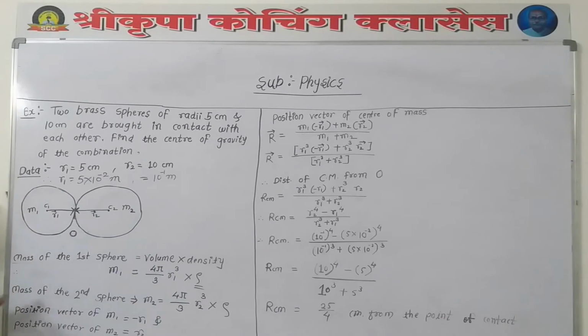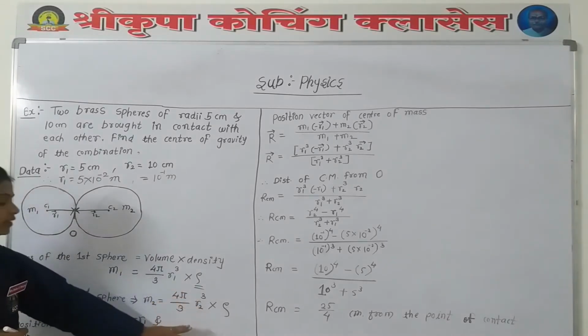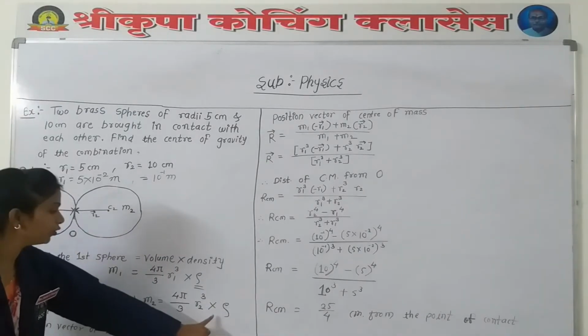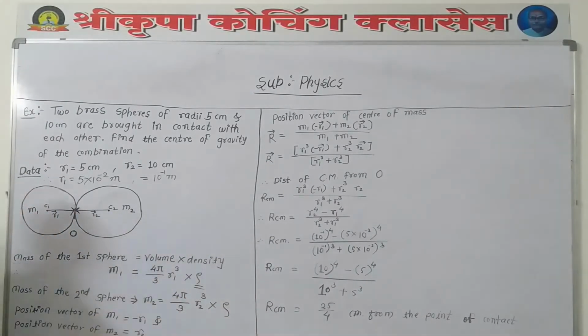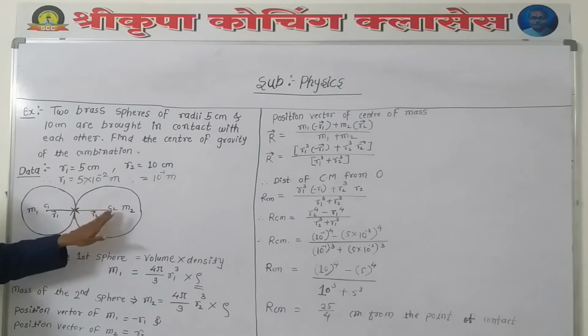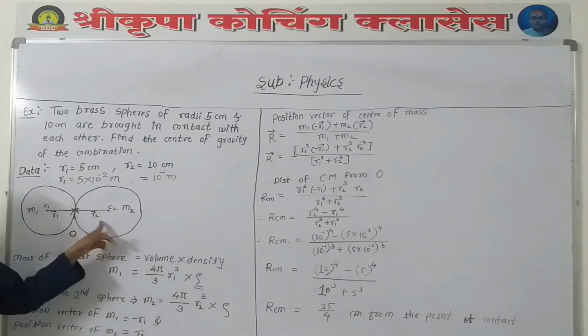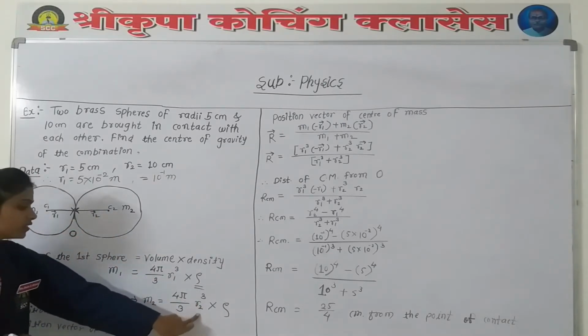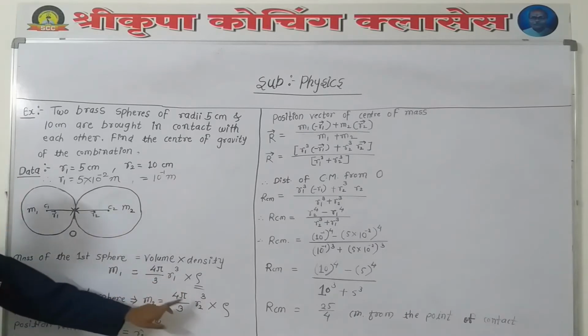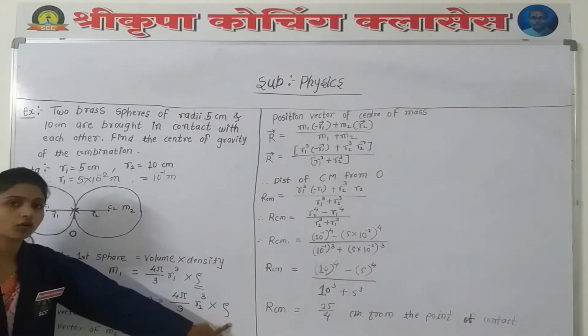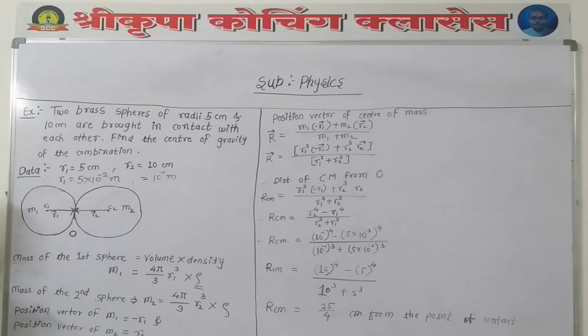Similarly, mass of the second sphere M2 is equal to 4 pi by 3 into R2 cube into rho, where R2 is the radius of the second sphere.